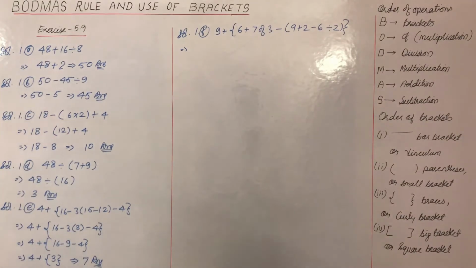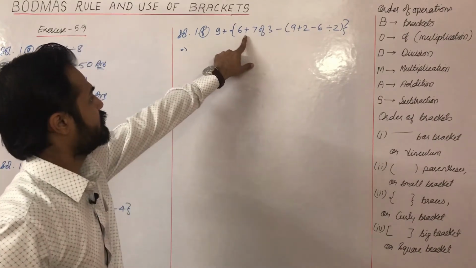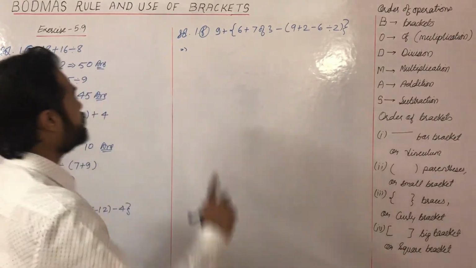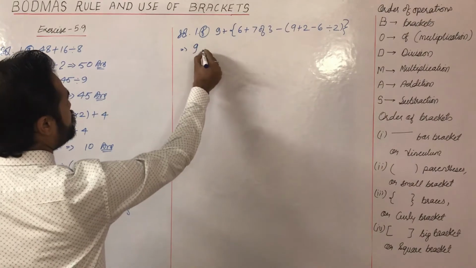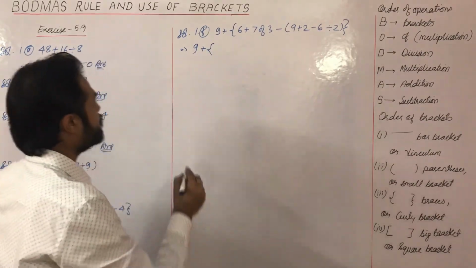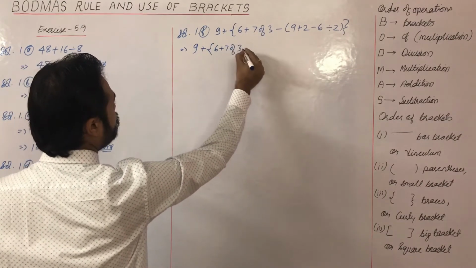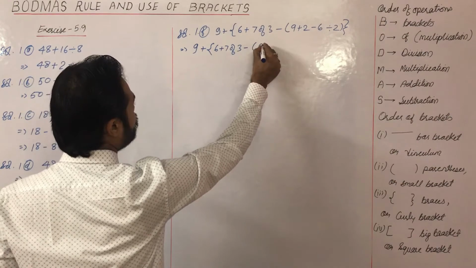Now in the problem statement we have two brackets with plus, plus, minus, minus, and division. So first of all, what to do? First of all, we'll solve the values inside this bracket. 6 plus 7 of 3 minus 9.